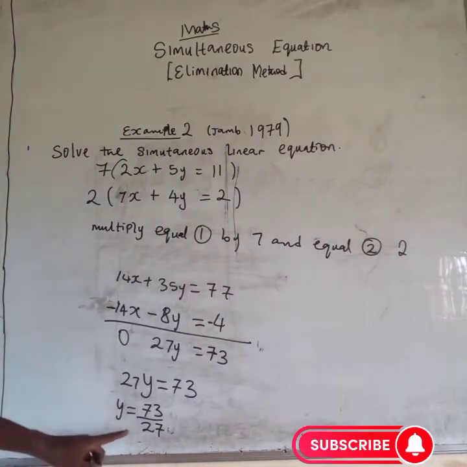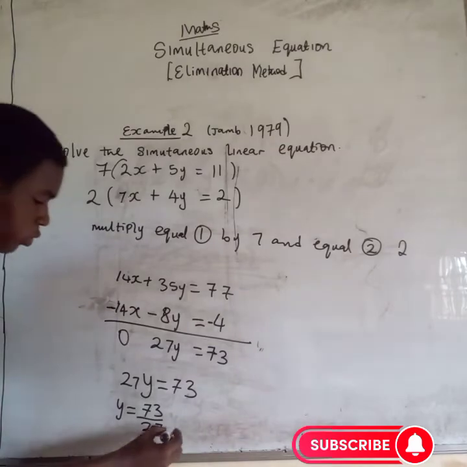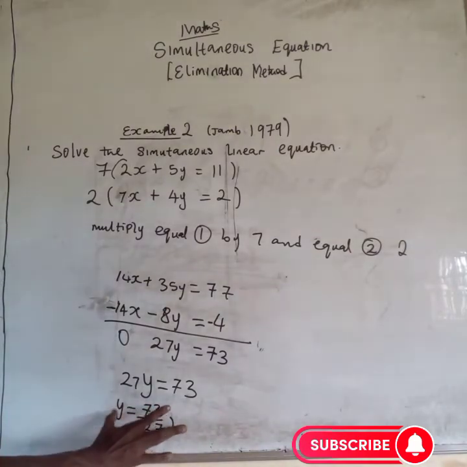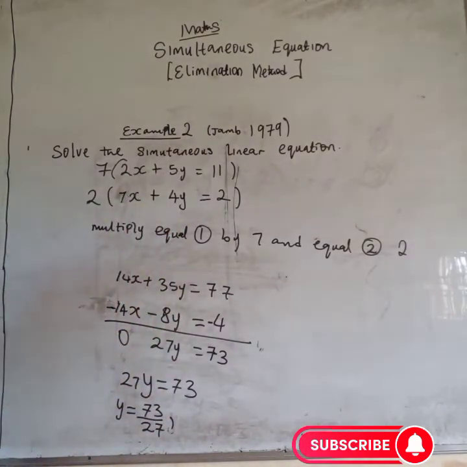That's 73 over 27. Now I told you that in this case now we don't need to do elimination again. All we just need to do is to substitute this answer into any of the equation to get x, right?